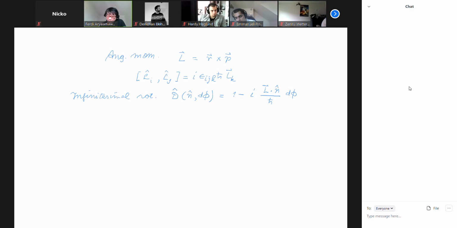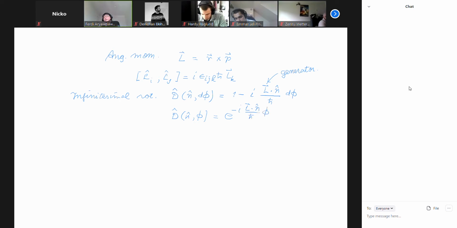So we see that we have a similar form as the one we had for the translation operator and time development operator. Here is the generator. So the angular momentum is the generator of rotation. And if we have a finite rotation, call it φ here, it will be just an exponential, which you can get by simply applying the infinitesimal rotation many times, like we did before.